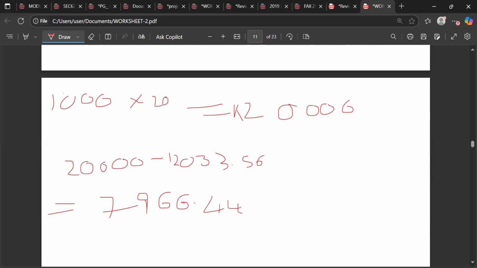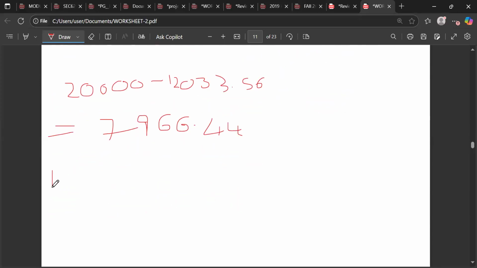Now, the difference found here is not the full amount for the 18 years. The 18 years amount is going to be 18 by 1,000, because that's the new term we're using now, which will give us 18,000.